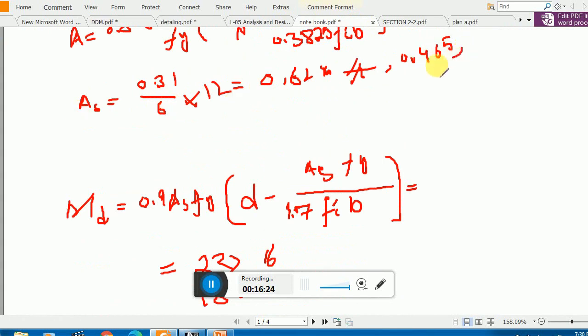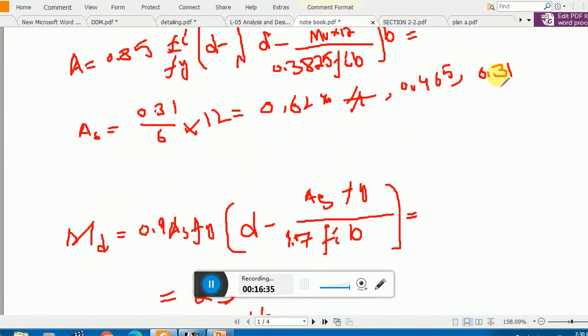If I plug in 12, the 12 will be cancelled with 12, so this time I got 0.31. Now I plug that value here as As. In my calculator this equation is already active, so I just replace the amount of steel, that is 0.31.